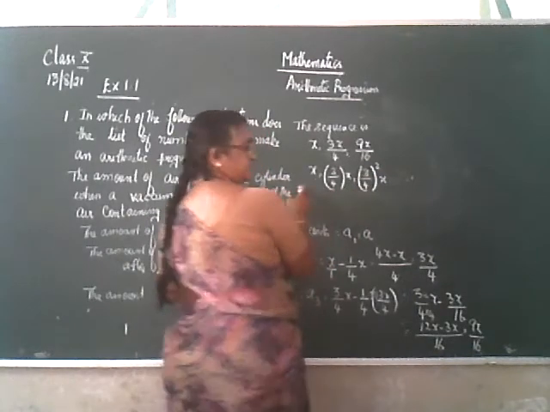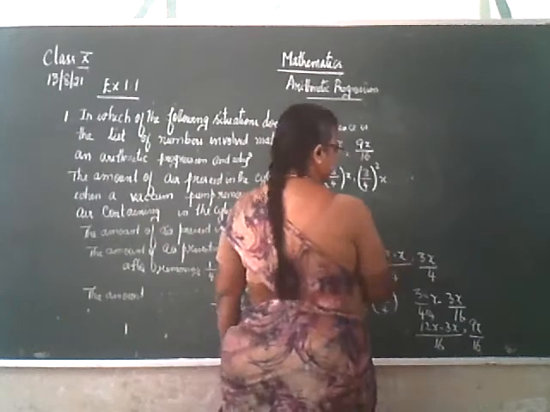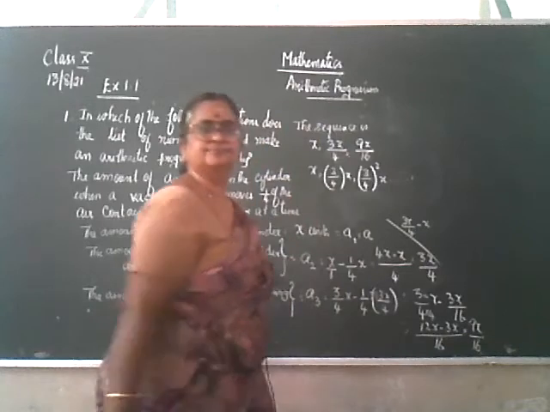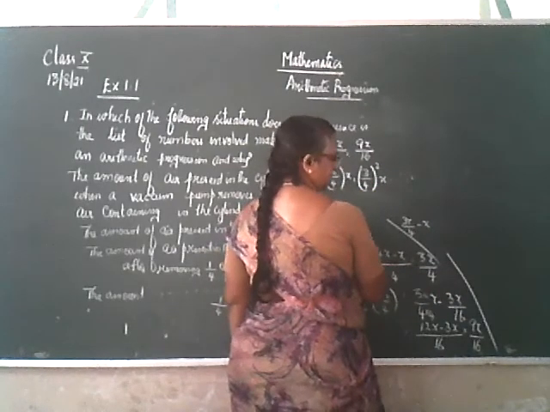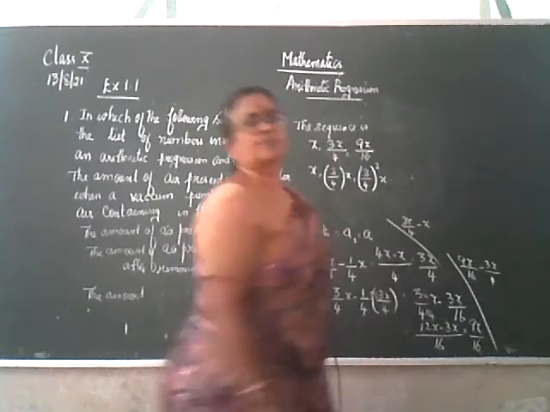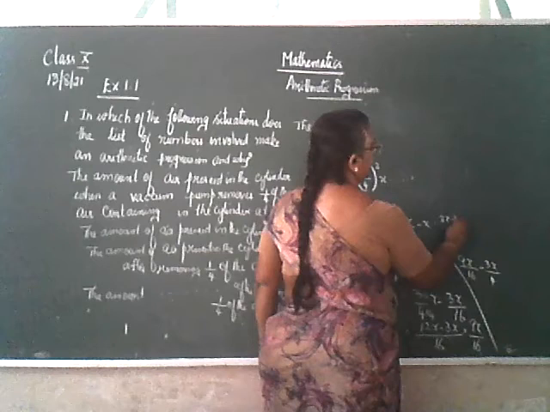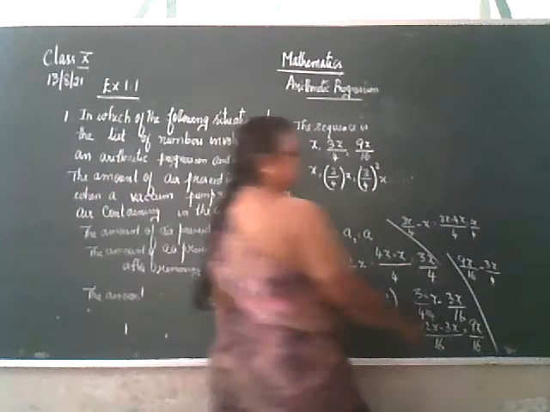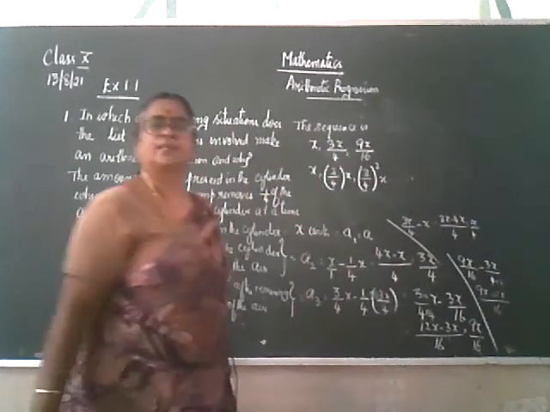Here 3 by 4x minus x will give a different value.